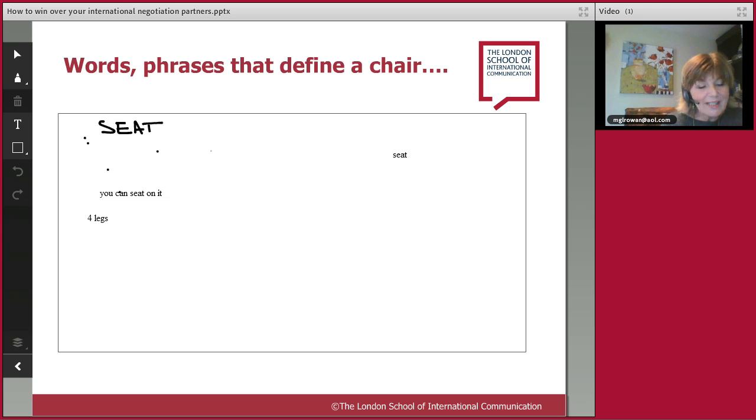Okay, so we've got seat. Seat, and you can sit on it. We've got four legs, we've got shape for sitting. Sitting down. Okay. Rest.